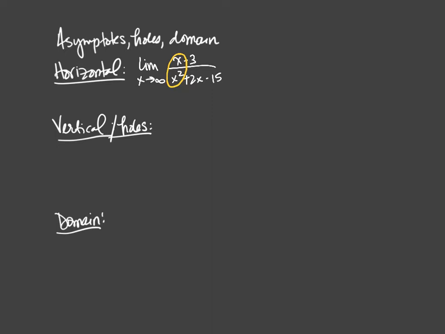And so in order to find this limit, we could instead look for the limit of x over x squared. Just focus on the leading terms, because as x gets very large, subtracting 3 doesn't make a difference. Adding 2 times a number minus 15 doesn't really make a difference when x becomes extraordinarily large. And so when we simplify this, this is 1 over x, and the limit as x goes to infinity of 1 over x is 0. So that is our horizontal asymptote.